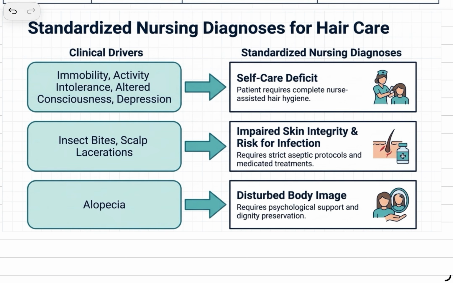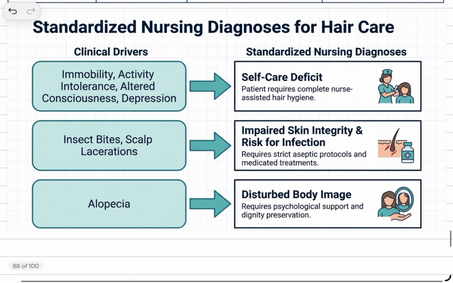You can make impaired skin integrity, disturbed body image and self-care deficit. Self-care deficit why? Because a patient with immobility or activity intolerance can't comb their hair or shampoo their hair. That time they may get different types of problems. Are you understanding? Psoriasis is also there, right?